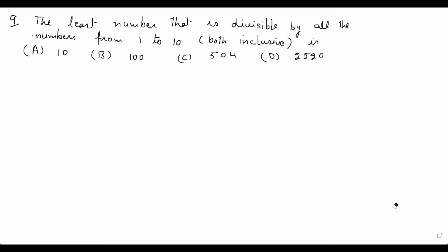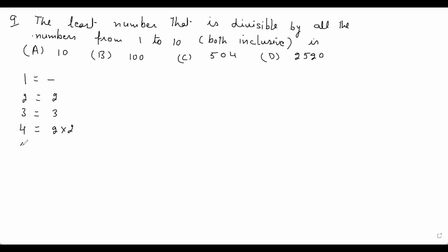I'll make the prime factors of numbers from 1 to 10. What is the prime factor of 1? 1 is neither prime nor composite, so there are no prime factors. And what about 2? The prime factor of 2 is 2. What is the prime factor of 3? That is 3. What is the prime factor of 4? 2 into 2.